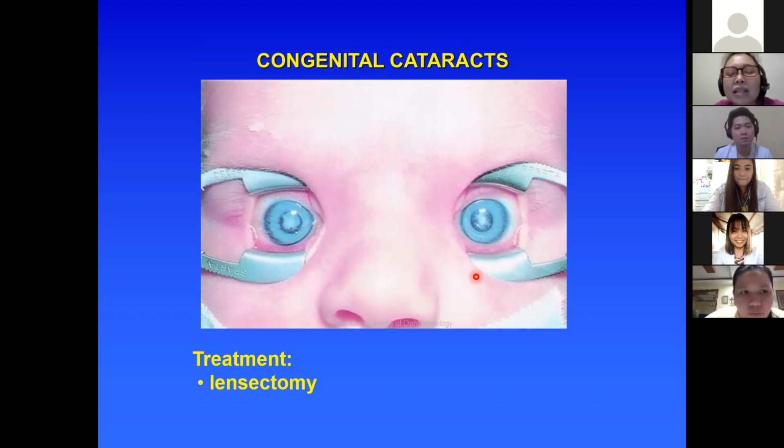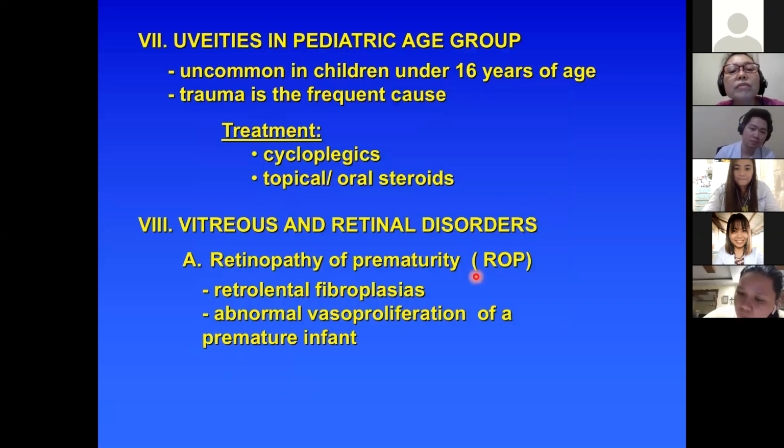Now, lensectomy is done in children because if you have congenital cataract, the anterior hyaloid face of the vitreous also has opacity there. So you have to remove the anterior vitreous together with the congenital cataract. Okay, that is lensectomy.